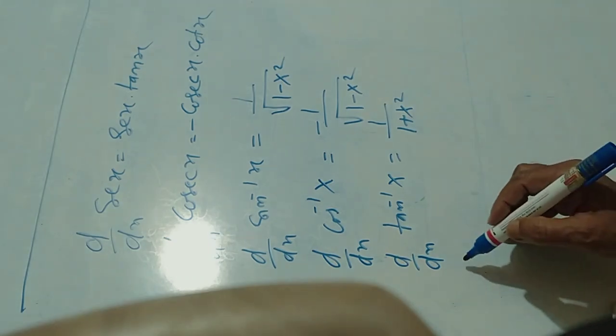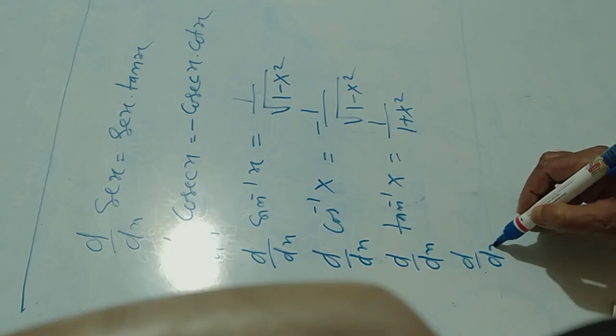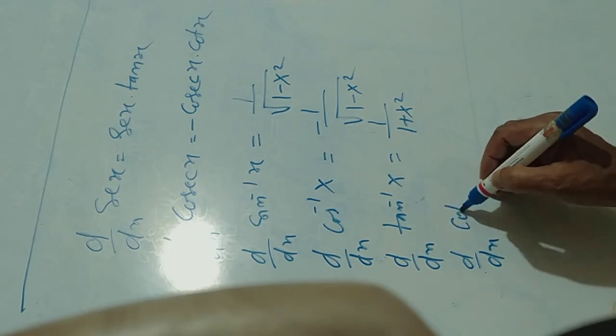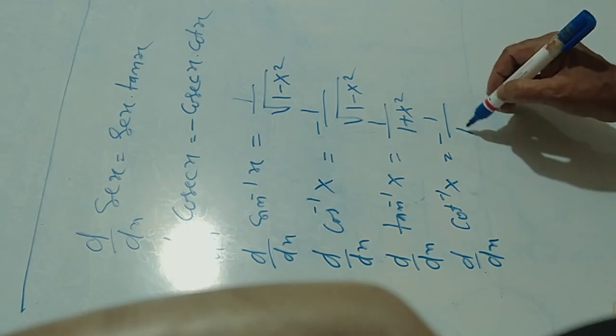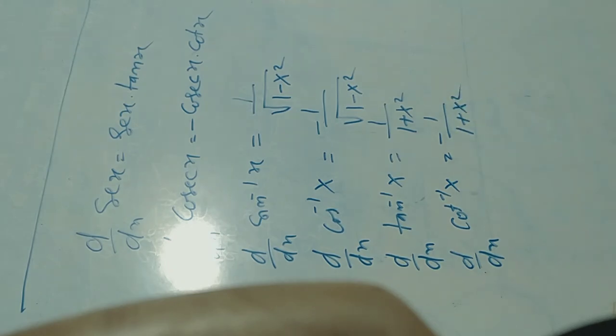Dear student, d/dx of cot inverse x is equal to minus 1 upon 1 plus x square.